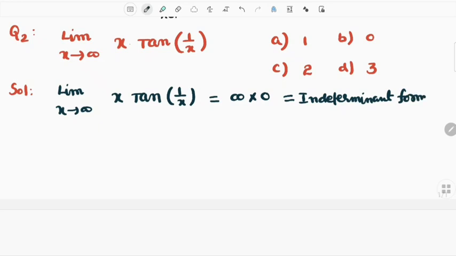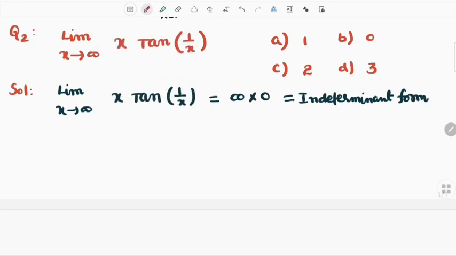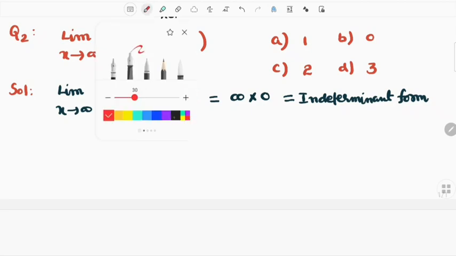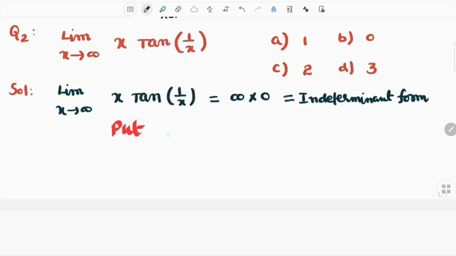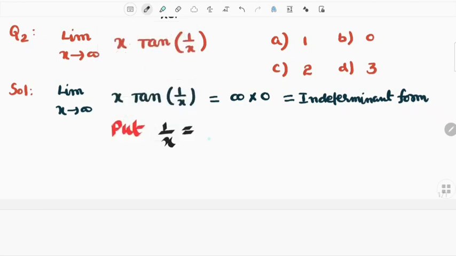So whenever an indeterminate form is there, what do we have to do? We can put 1 by x is equal to y.